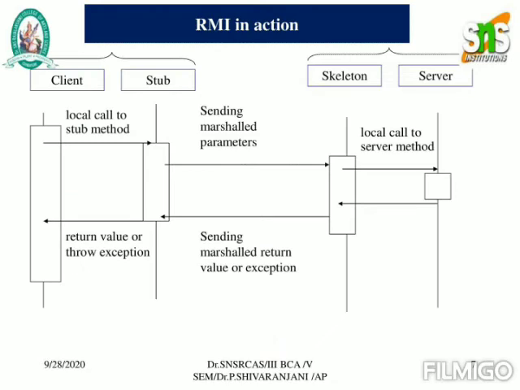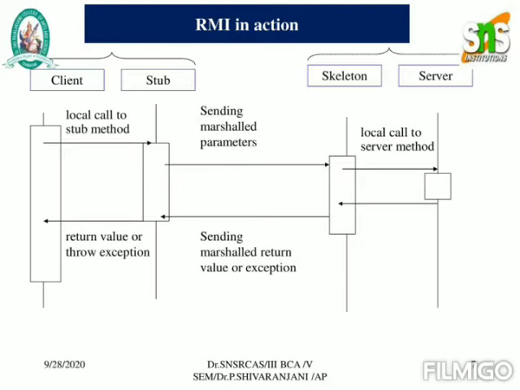So the next one is RMI in action. Here you'll see how RMI performs its action with the help of the component called a stub on the client side, and on the server side a component called a skeleton. The client will make a local call to the stub method.